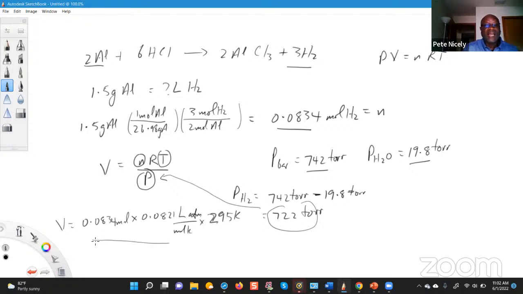Then divide all of that by the pressure, 722 torr, which we have to convert to atmospheres: 1 atmosphere up here, 760 torr down here.